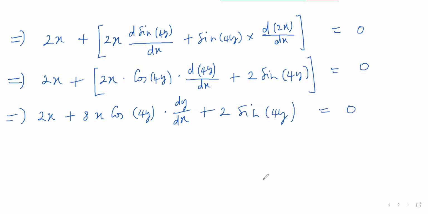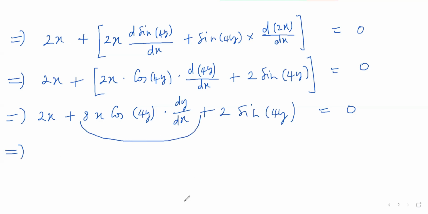Okay, so now we have to solve for dy dx. That's the aim. We have to solve for dy dx. So in order to do that, we have to subtract from both sides of the equation all the terms that don't contain dy dx, and leave the term that contains dy dx on the left side of the equation. So this is the term that contains dy dx.